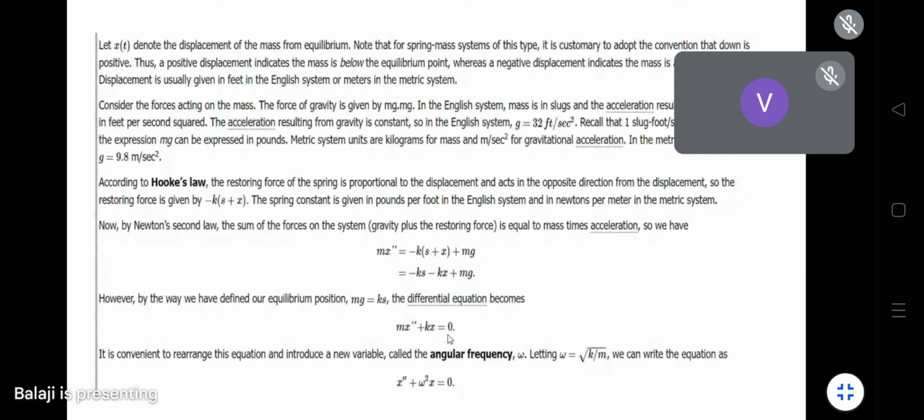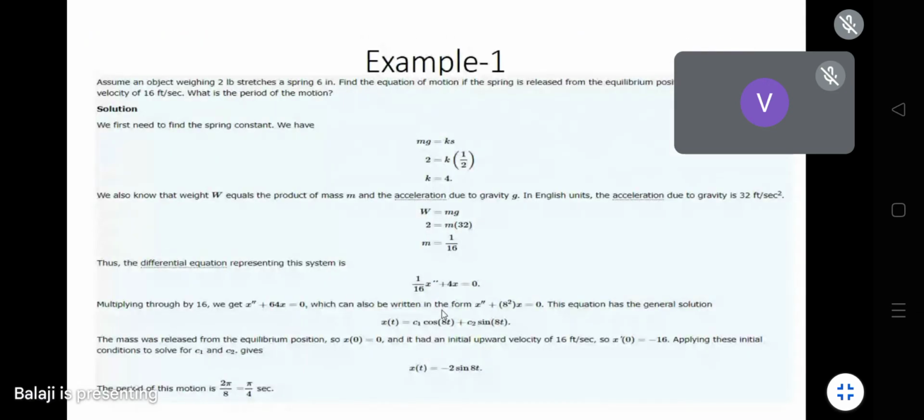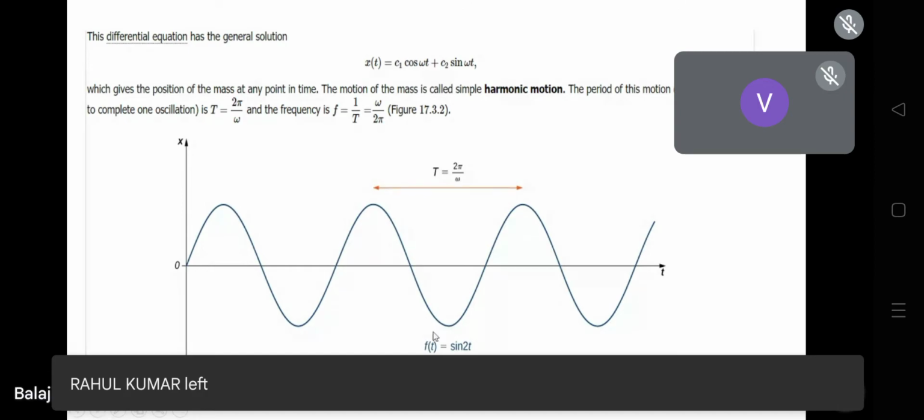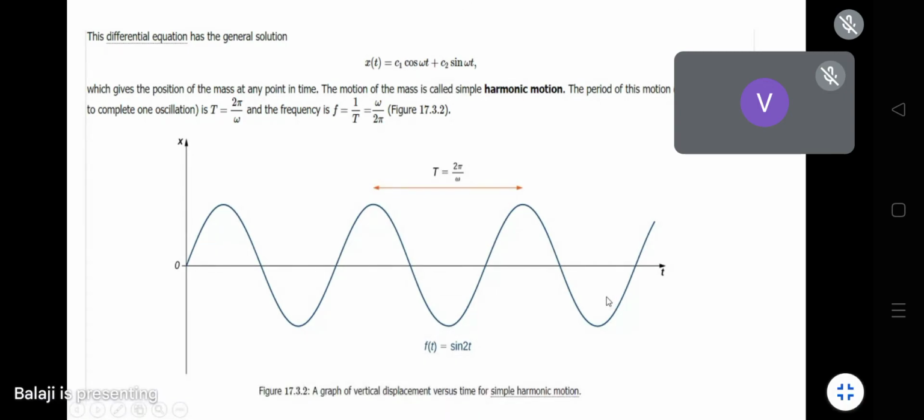If you take some initial conditions, like t equal to 2 pi by omega, then f of t represents sin 2t, and the graph of this one is sin 2t. You know the sine function is 0 at 0, pi, 2 pi, 3 pi, and so on, and it lies between -1 and 1.